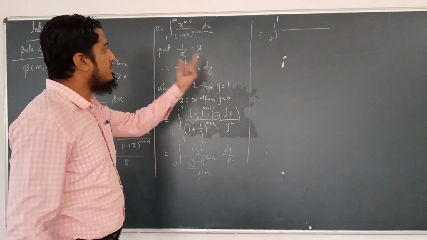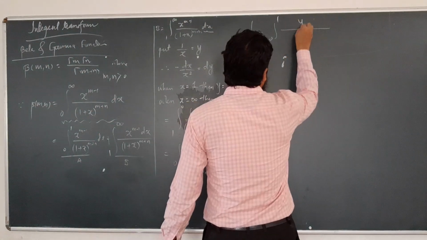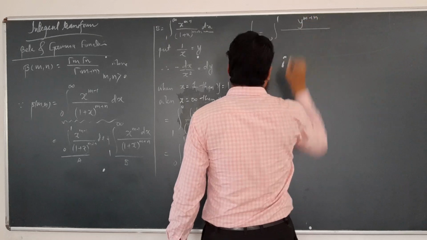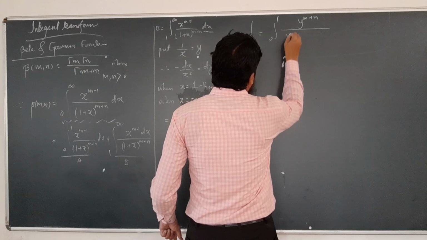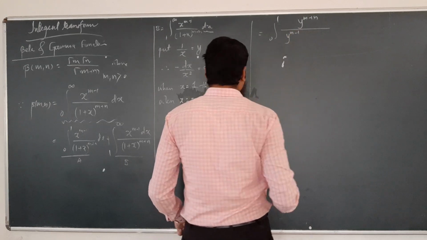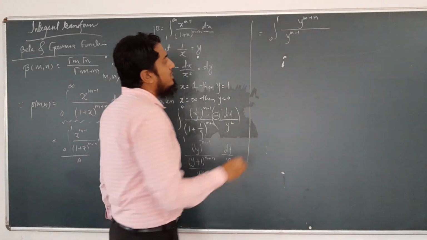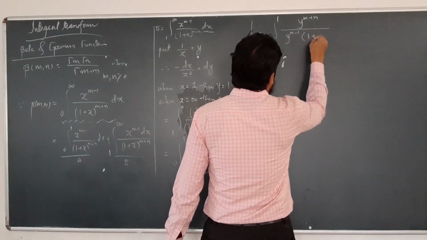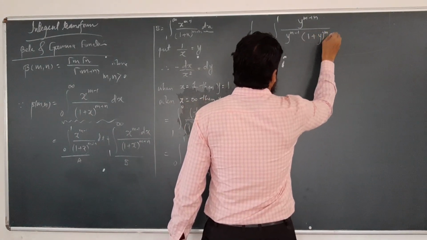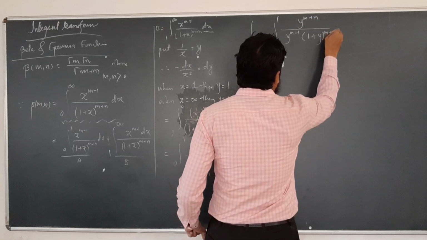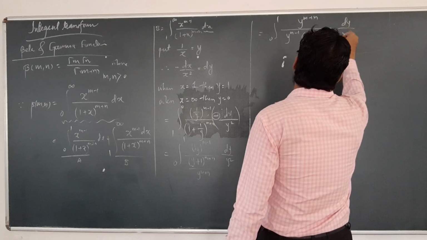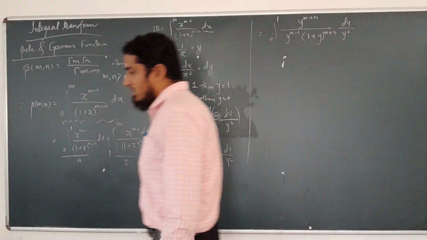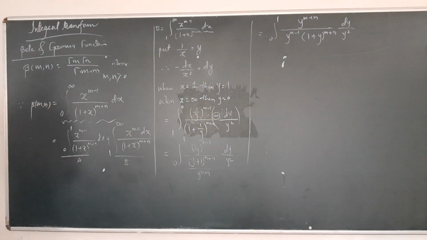This y raised to m plus n we can shift into the numerator, and this y raised to m minus 1, and 1 plus y raised to m plus n, dy by y square. Correct?